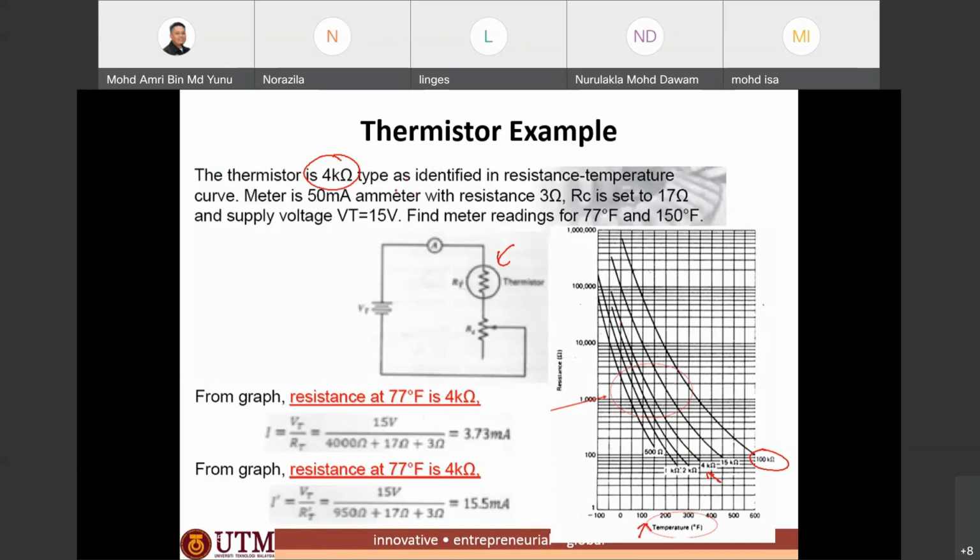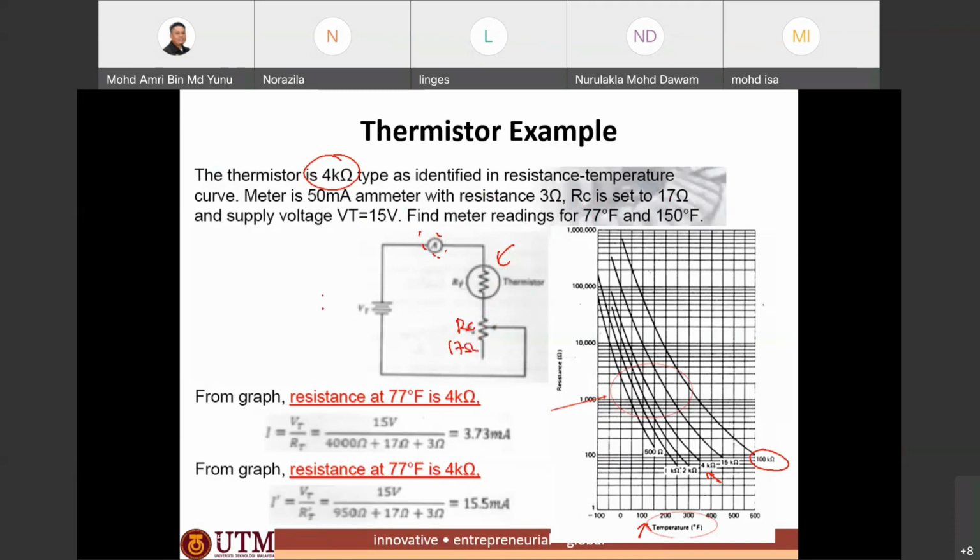This thermistor is used in a voltage divider circuit. There is an ammeter with an internal resistance of 3 ohm, and also a variable resistor RC, set at 17 ohm.